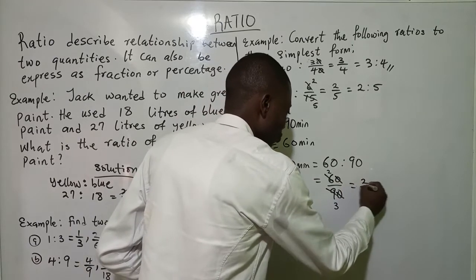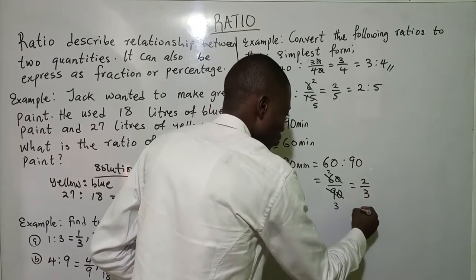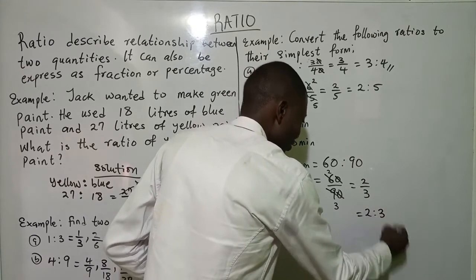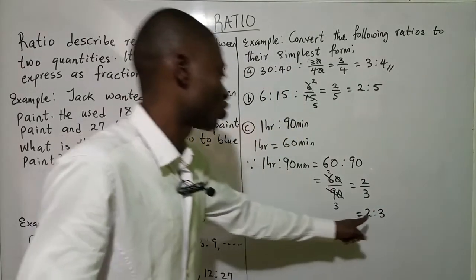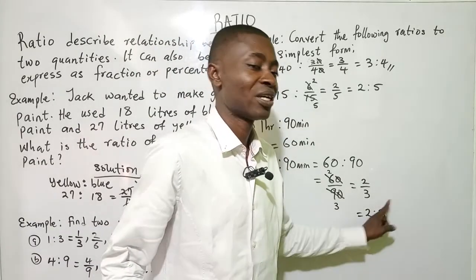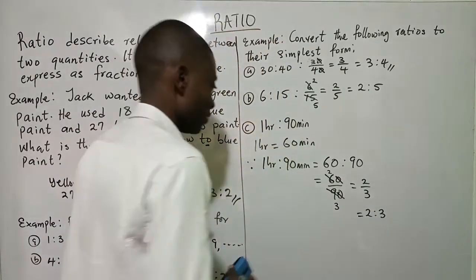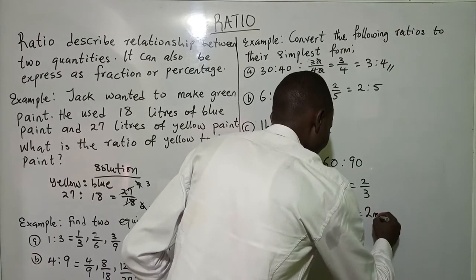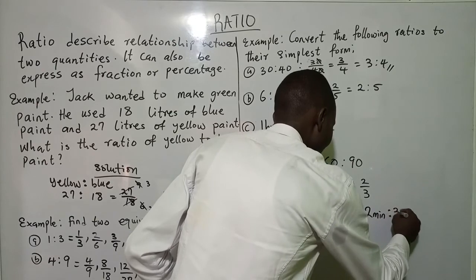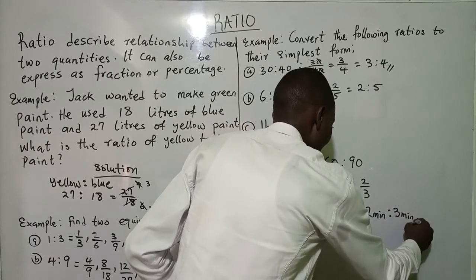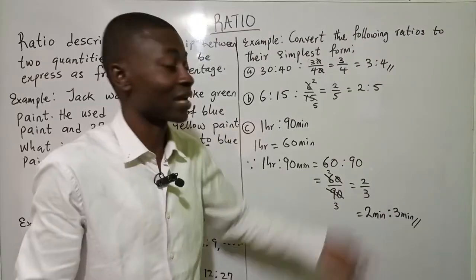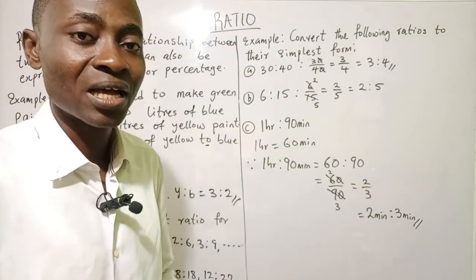That gives us 2/3, which is 2 minutes ratio 3 minutes. It's very important we put the unit. Let's include the unit: 2 minutes ratio 3 minutes. That is it. So this is how we carry out operations under ratio.